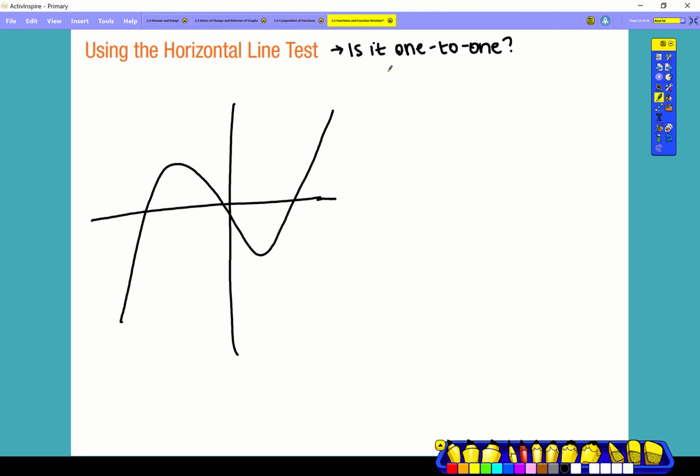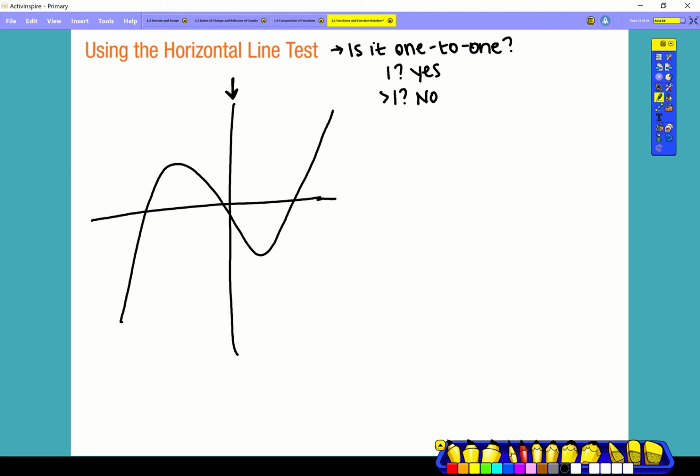And the answer is, if it intersects one time, yes. If it intersects more than one time, no. And that is because, do you remember every output value, which is this axis, can have only one x value associated with it.